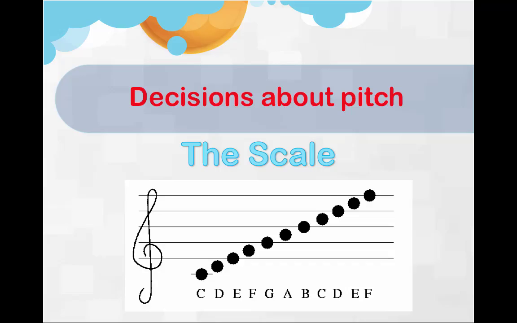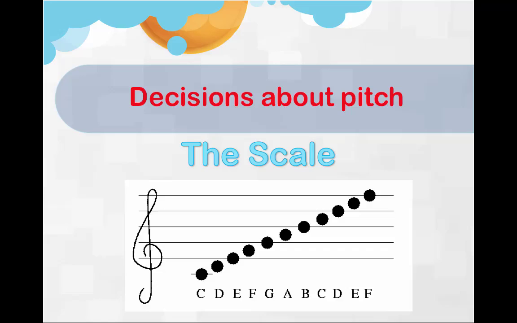Now, once a composer chooses the tonic, the home base, he also has to choose other notes to use, right? And you can see here, even if you don't read music, that there are these black circles spread out on the staff, on the lines and the spaces. And these black circles form a scale, right?